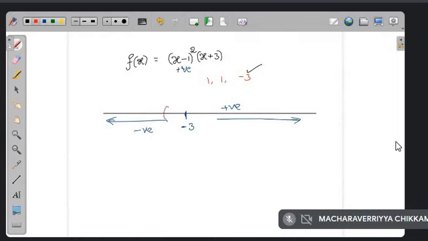So we can only find the interval for minus 3, but we can't find an interval for 1 here. Still, by looking at the function, you know it has multiplicity. So the disadvantage here is that when it has a multiple root, the intermediate value theorem won't help us much.